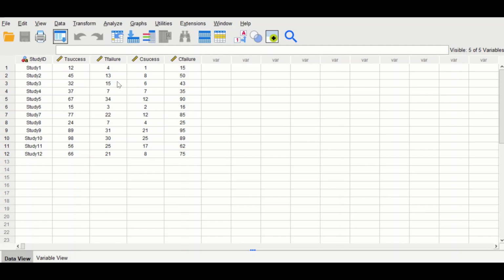So here we have two groups of data for each study, a treatment group and a control group, and the treatment group has two variables in it. The first variable is whether the treatment was successful or whether the treatment was not successful, failed.